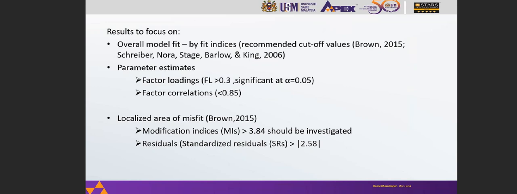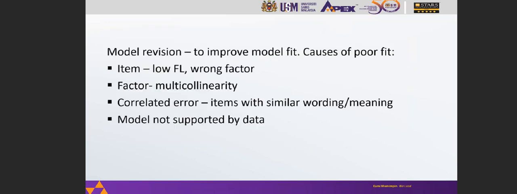We have modification indices and the residual. Okay, so these are the things that we have to check for CFA. Okay, so we can do model revision to improve the model fit for CFA.